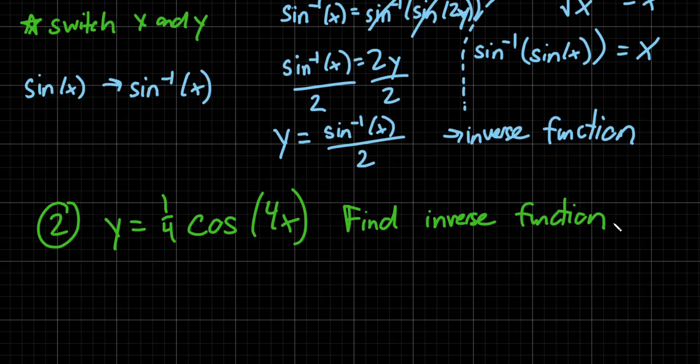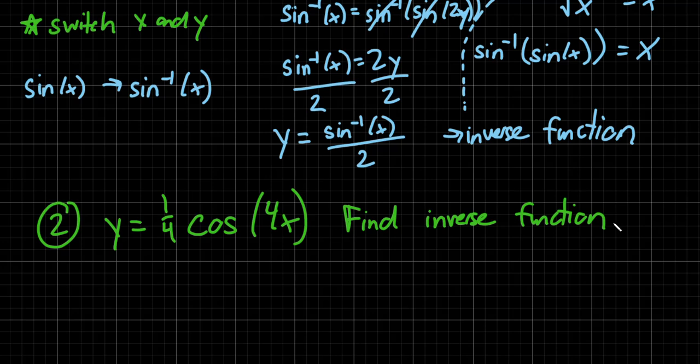I got y equals inverse of cosine of x. I got y equals 4 inverse cosine x. Raj, what'd you get? Y equals inverse of cosine of x.